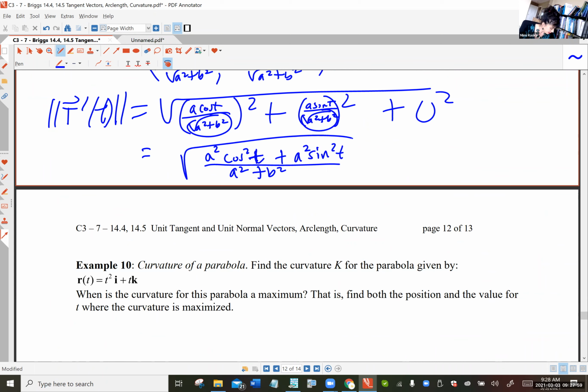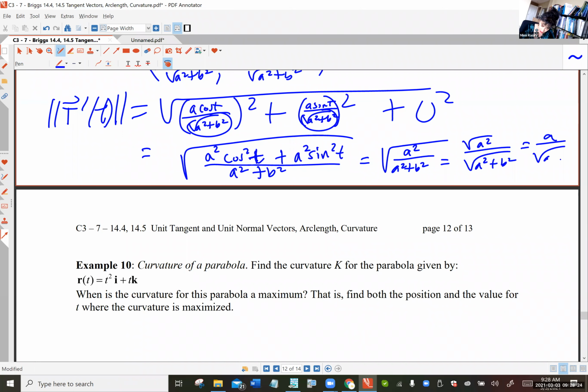It's a nightmare. Yeah, so in the numerator, when you factor out an a squared, you get the cos squared plus sine squared factor again, which is 1. So this just ends up being the square root of a squared over a squared plus b squared. But then you can use a law of radicals, which says the radical of a quotient is the same as a quotient of radicals, which is a nice little thing.